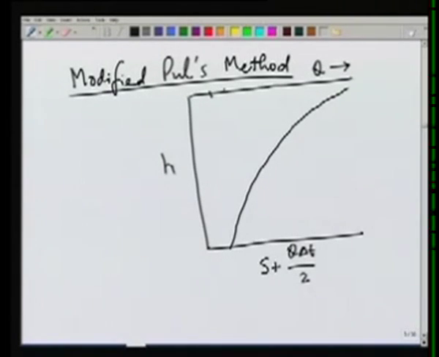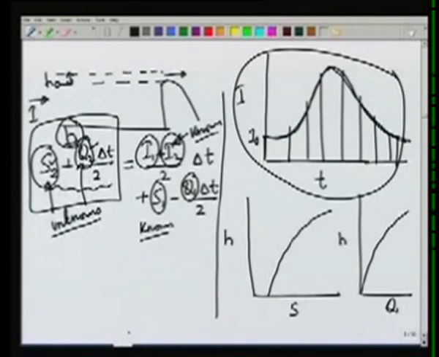So this will be on a different scale. S plus Q delta T by 2. Of course, delta T we have to decide. For deciding delta T, normally it is selected in such a way that the time to peak typically consists of about 3 to 5 delta t's.